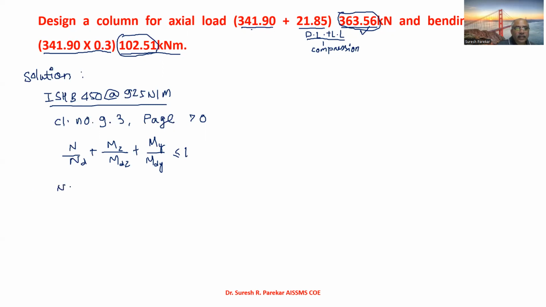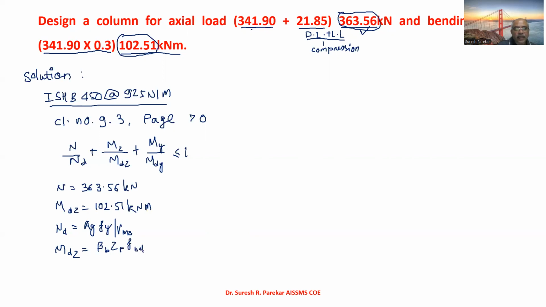Now, for N we have the value 363.56, that is the external or given load. Mdz, we have this value 102.51 kilonewton meter. Then we have Nd, which they have given as AgFy upon gamma m0. And Mdz is beta b Zp Fbd.